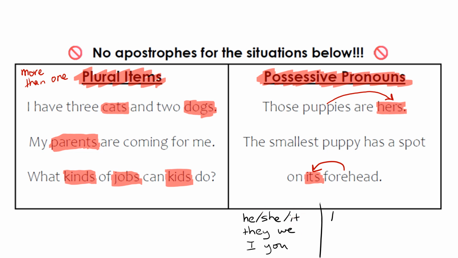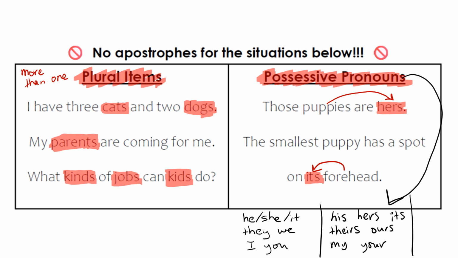So words like his, hers, its, theirs, ours, my, and your. So all of these words, when I'm showing it belongs to somebody, we don't use an apostrophe. These are possessive pronouns.